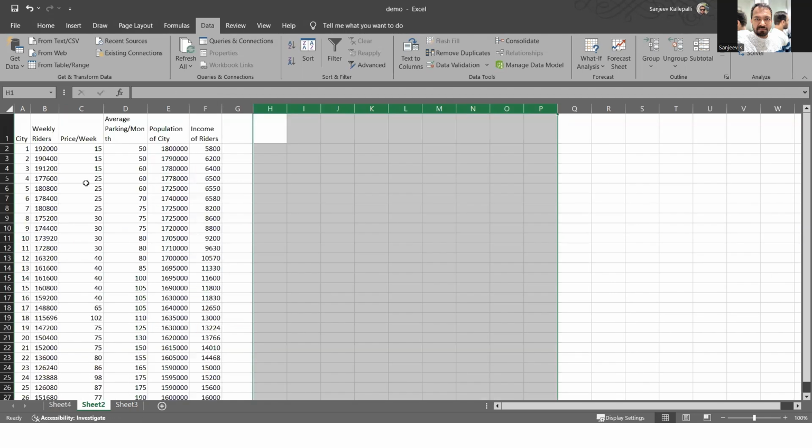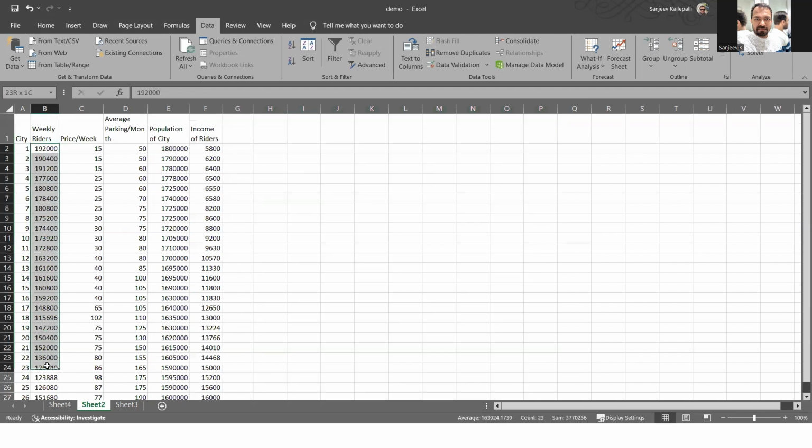Now in this case, I have weekly riders, which is my target column, and then we have price per week, average parking per month, population of the city, and income of riders. Generally, because we are talking about multiple linear regression, look at the variance in the data.